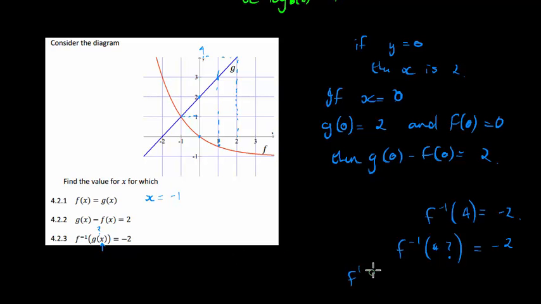Let's just say that was the question. Forget about what's inside there. What would we like to put inside here to get -2? What must the y value be so that it could equal -2? Is that what you're asking?